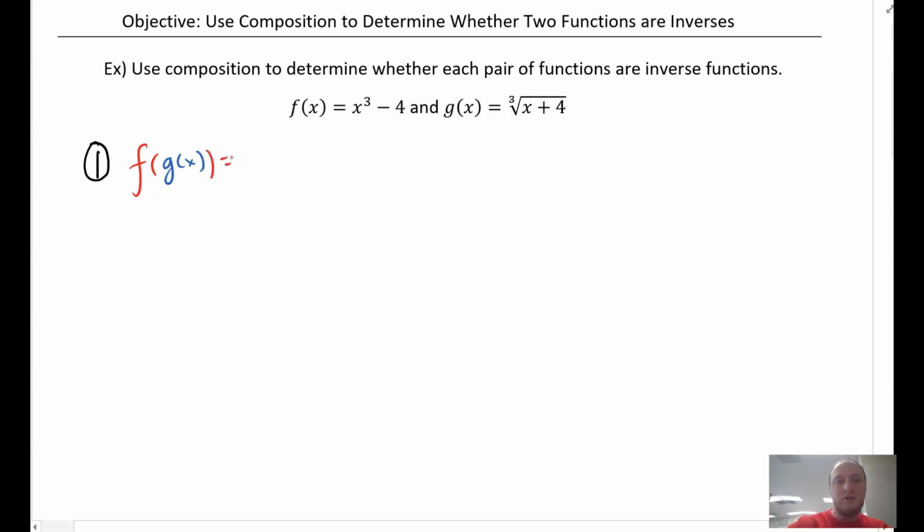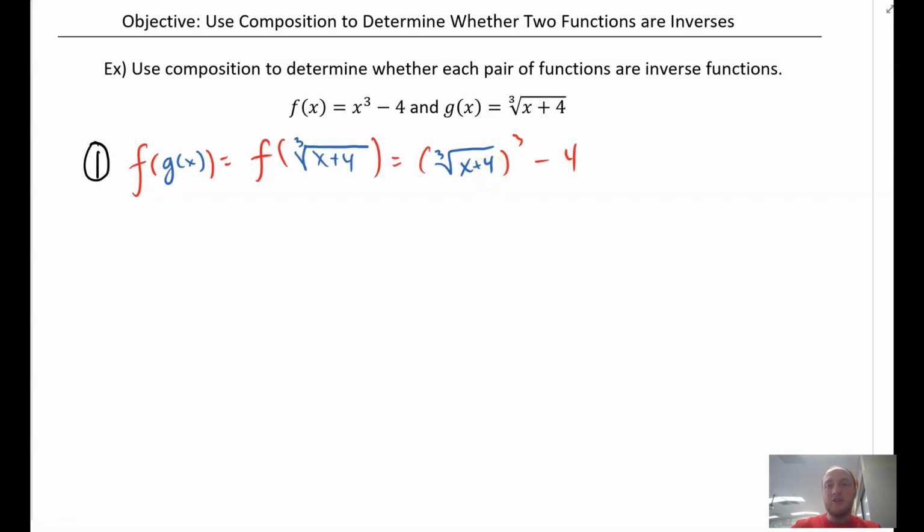So I'm going to drop g of x into f of x, and g of x is the cubic root of x plus 4. Okay, I dropped that in, and now I'm going to bring down f of x. So f of x is x cubed, so whatever x is, cubed, minus 4, and now here's where I drop in the cubic root of x plus 4.